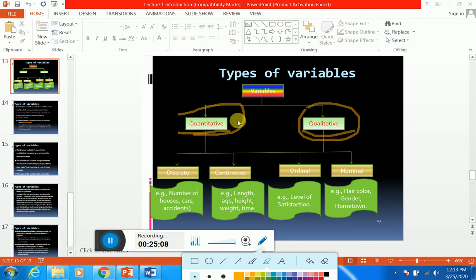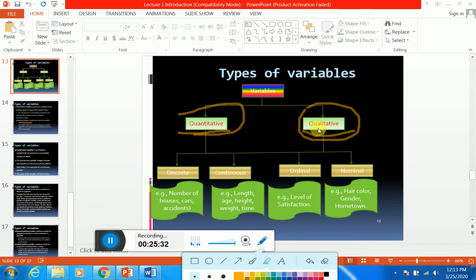Look at a quantitative variable, for example height. Height is equal to 5 feet 9 inches, that is 5.9. It is quantitative. When I assign a numeric term like 5.9 to height, that is simply known as quantitative.